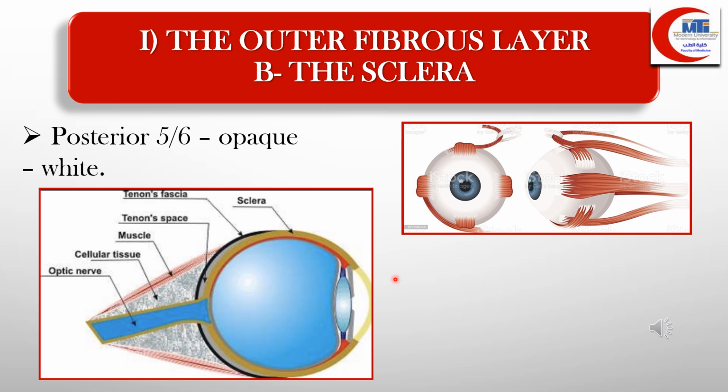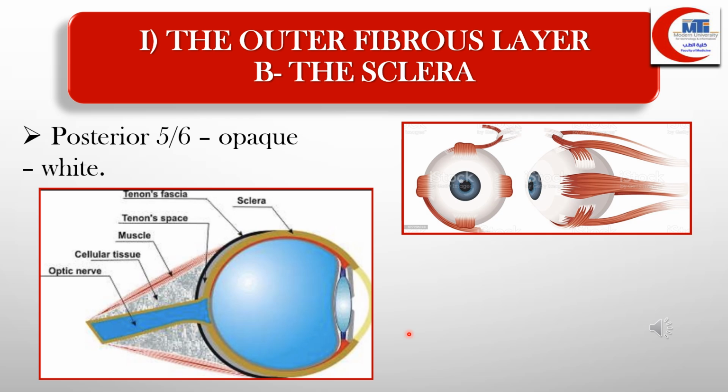Okay, the second part of the outer fibrous layer is the sclera. The sclera is the opaque white posterior 5/6 of the fibrous coat. This layer protects the delicate inner structure of the eye and maintains its shape. It is a relatively avascular structure.